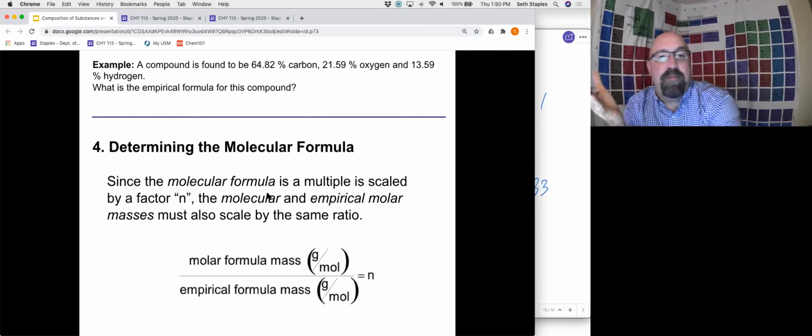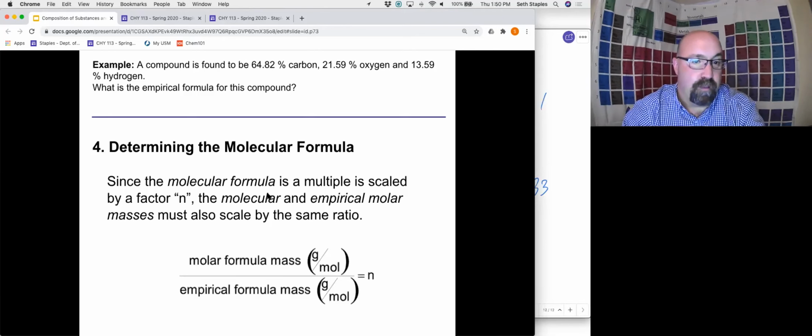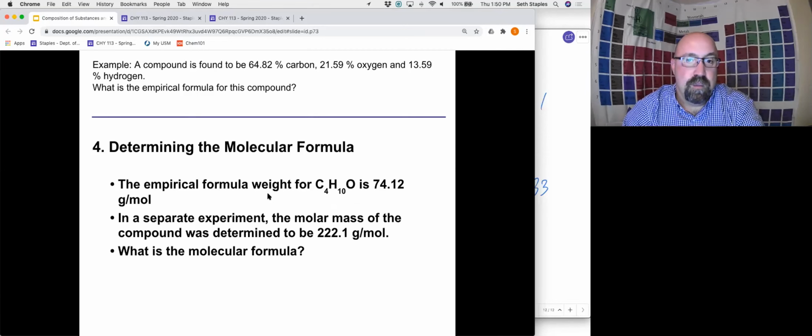Remember that the molecular formula is a multiple that's scaled up by a factor of n. So you might have an empirical formula that is half what the molecular formula is, and that would be a molecular formula scaled up by a factor of 2 from the empirical formula. And so let's look at that a little bit more clearly.